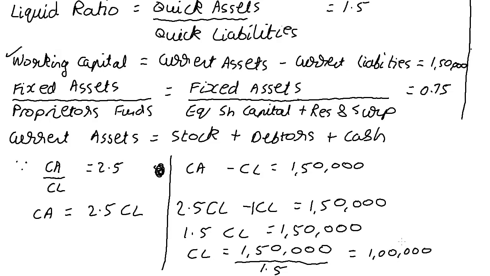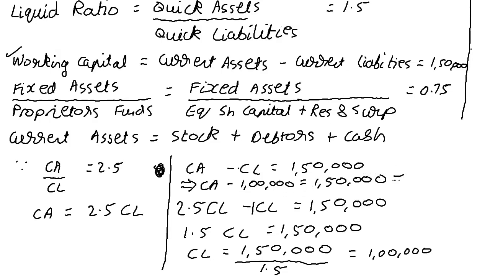But now I also want current assets. If I know that current assets minus current liabilities is 1,50,000, then current assets minus 1 lakh is equal to 1,50,000. The subtraction goes to the other side and becomes addition.